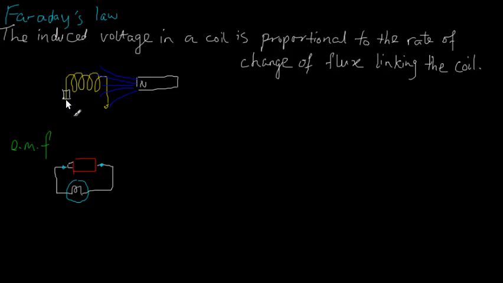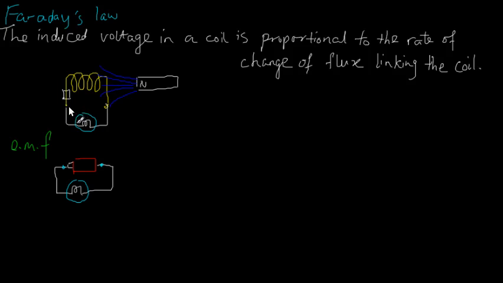So what happens if I actually connect this coil to a light bulb? If I connect this to a light bulb, the bulb might actually light up if the flux changes fast enough to give a big enough voltage.